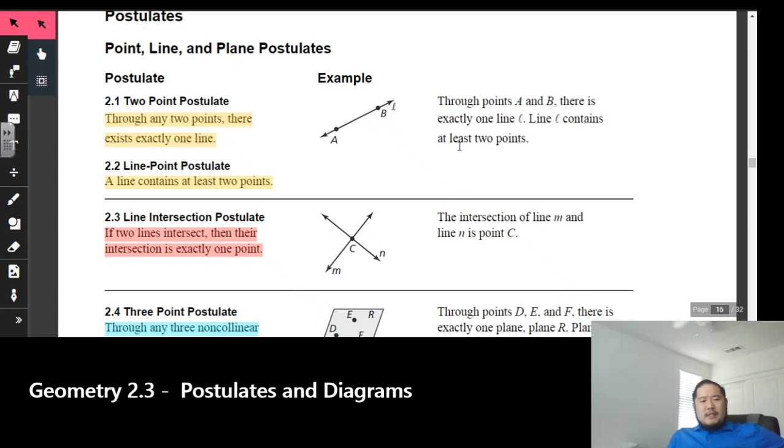The next postulate, line point postulate. A line contains at least 2 points. So postulate 1 and 2 are very similar. The first one said through any 2 points there is exactly one line. In a line, there's at least 2 points, okay, so there could be 3 points, 4 points, but it has at least 2 points.